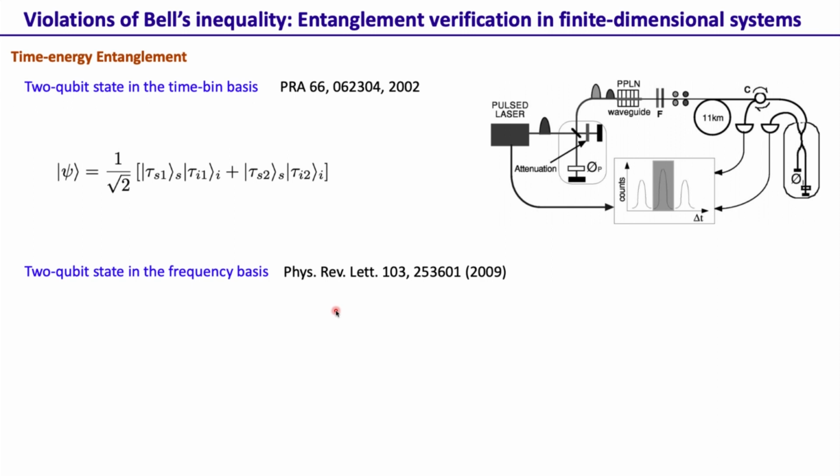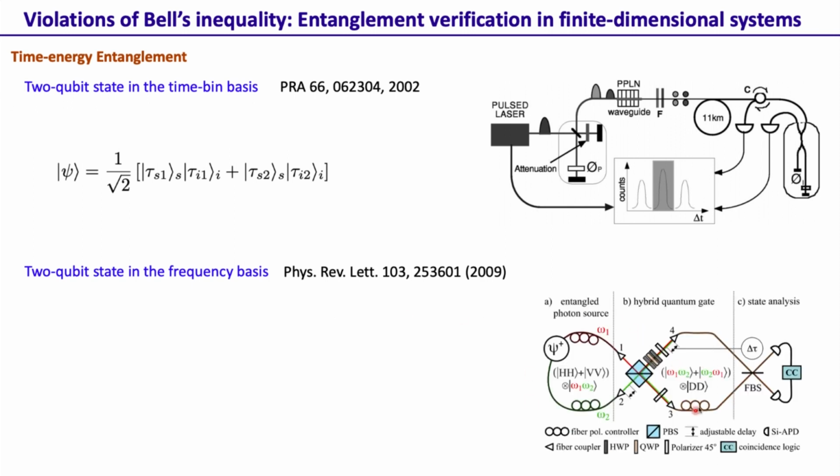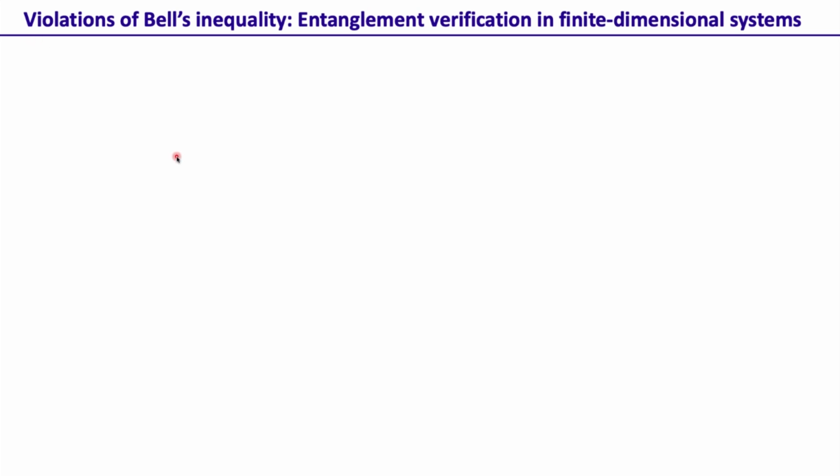One can also have a 2-qubit state in the frequency basis. Again, a complicated experiment, but the whole point is that yes, one can indeed have a 2-qubit state using just the frequency, and if one does a Bell inequality violation here, that verifies time energy entanglement.